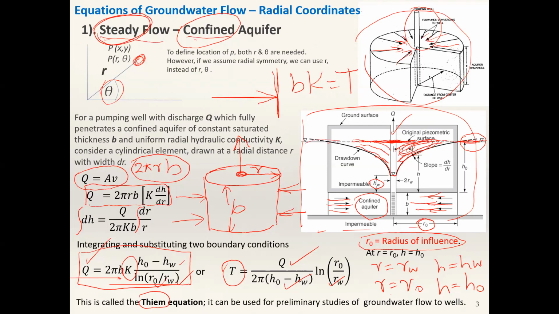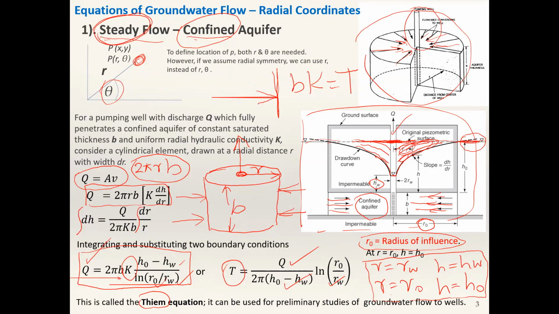Now, when we use these two boundary conditions, you need to understand that practically, it is not an easy thing to know this second boundary condition: when R is equal to R naught, H is equal to H naught. You need to understand what is the distance being influenced by this pumping.